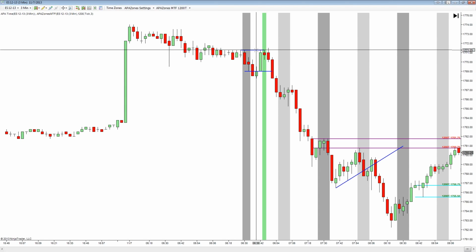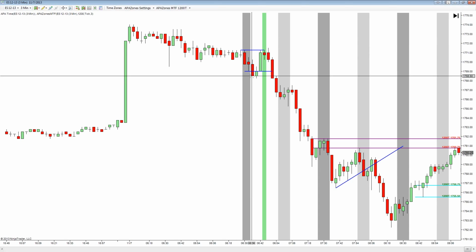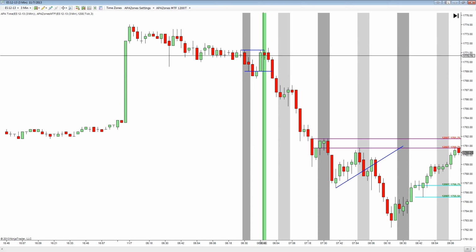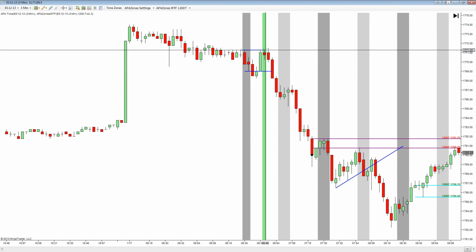It was broken with a close, but if we look at the first 5 minutes, and even the first 15 minutes of the day, where it actually turned, we didn't actually get a close above the high of the first 5 minutes of the day. Just stuff like that.